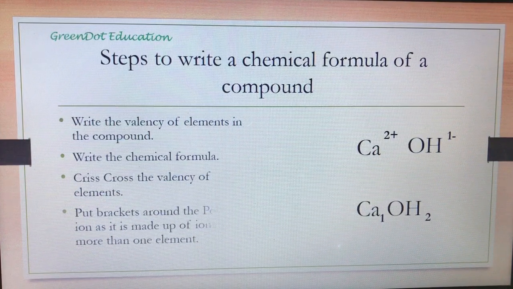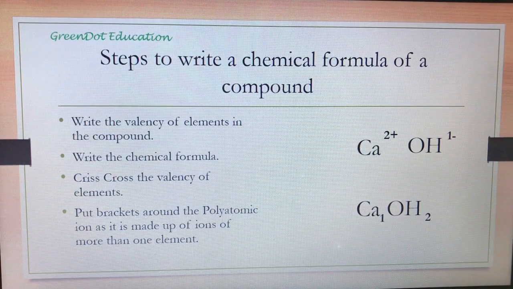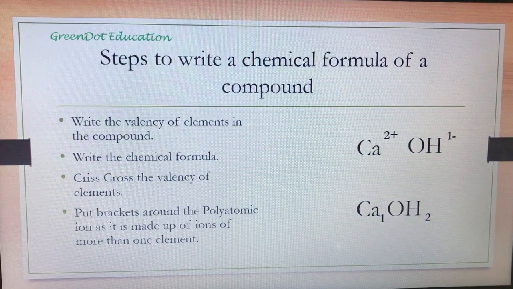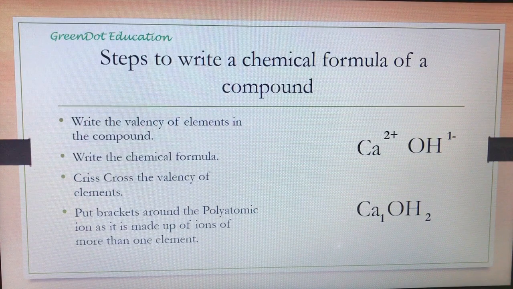So we get a compound as Ca(OH) twice. As OH is a polyatomic ion, we will discuss polyatomic ions in a later slide, but now, as OH is a group formed by ions of more than one element, it is known as a polyatomic ion, and we have to put it in brackets.